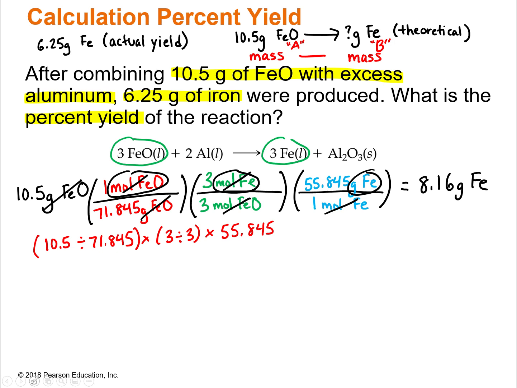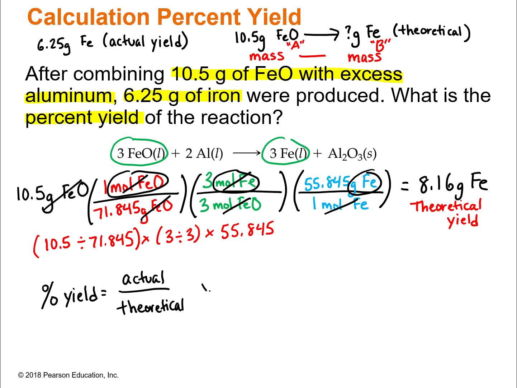But remember, we're not done. This is just the theoretical yield. Now we need to calculate the percent yield. Actual over theoretical, and you multiply that by 100%.